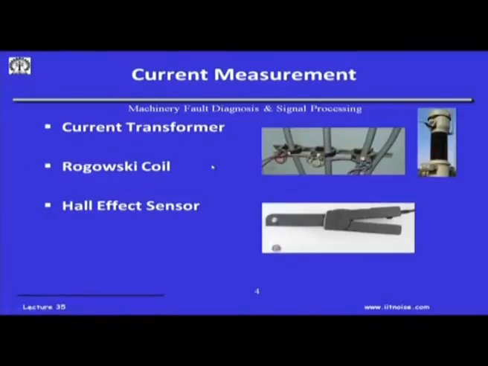Of course, the essential element in motor current signature analysis is that the currents have to be measured. Current cannot be measured by an ammeter, because an ammeter will only give you an RMS value, and with load or defect the magnitude of the current is going to change. But when somebody says my ammeter reads 10 amperes, I do not know whether it is 10 amperes of a neat sine wave, or a neat modulated wave, or 10 amperes with a lot of peaks.